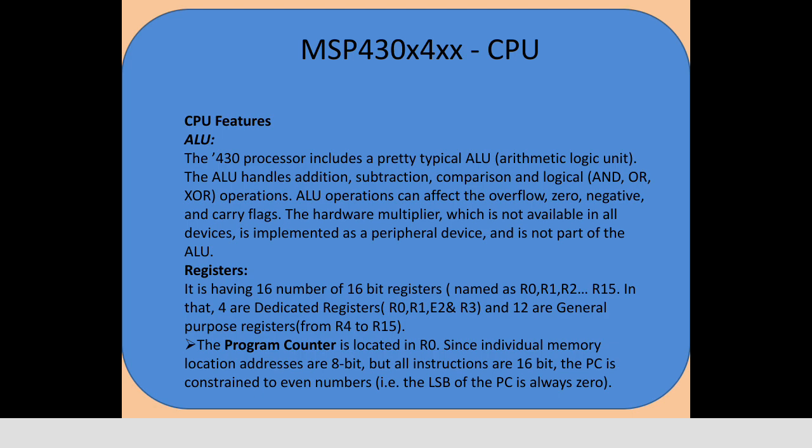If the length of the instruction is 1 byte, we can allocate it at an even address only. If the length of the instruction is a word, we can allocate it at an even address only. So the program counter is always incremented by 2. Why? Because it always contains an even address.